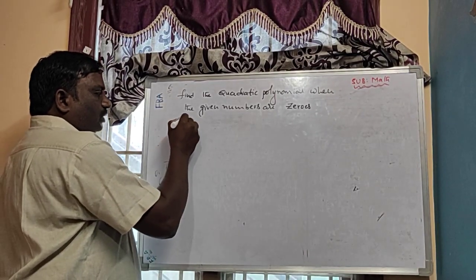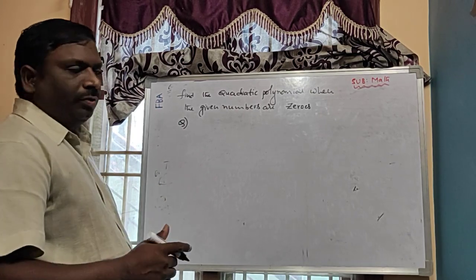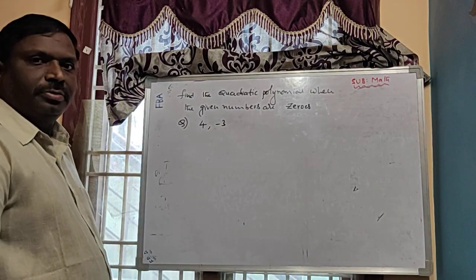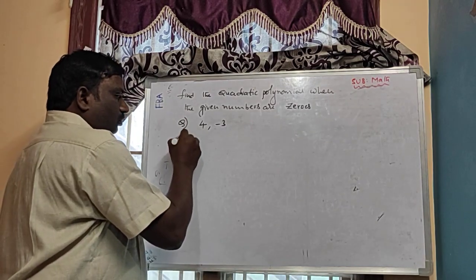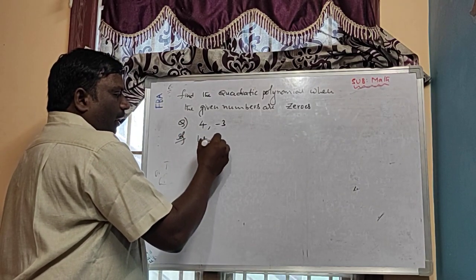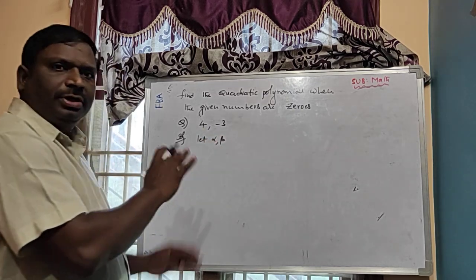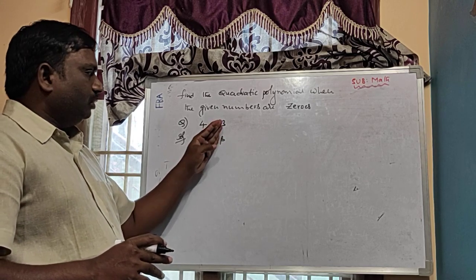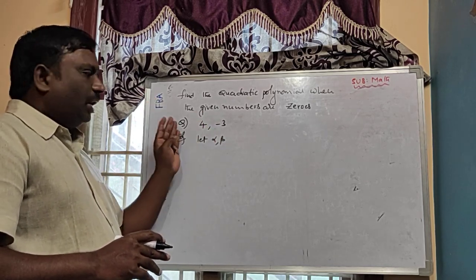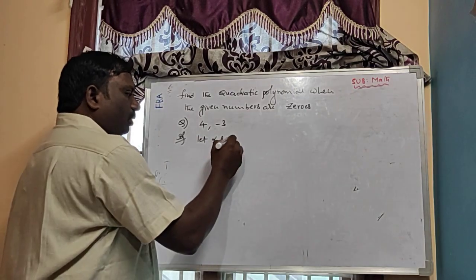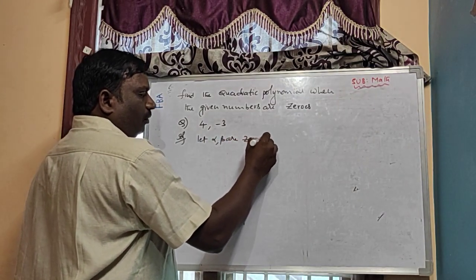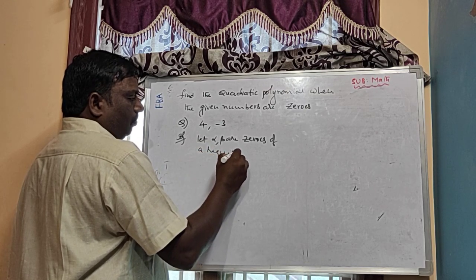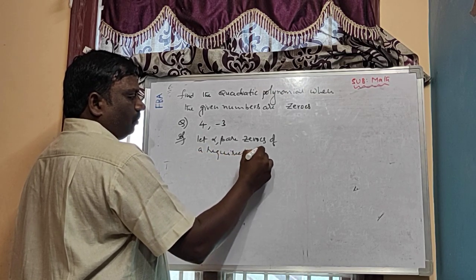So now see this type of question. When they give 4 and minus 3, let alpha, beta be the zeros of the required polynomial; we write the same statement as in the previous question.